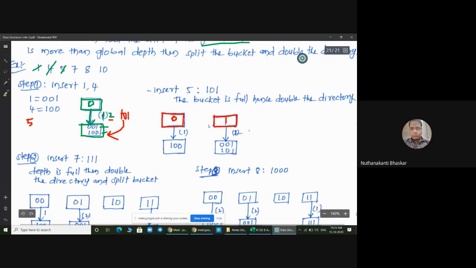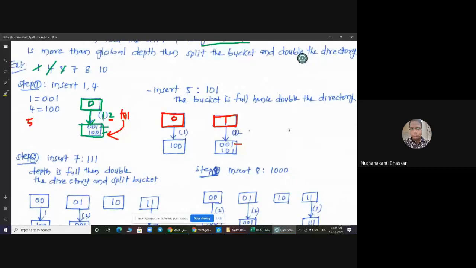Bucket 1, because the last digit is 1. Searching is also very fast: when anyone searches for 001, they think the last digit is 1, so they move to bucket 1.